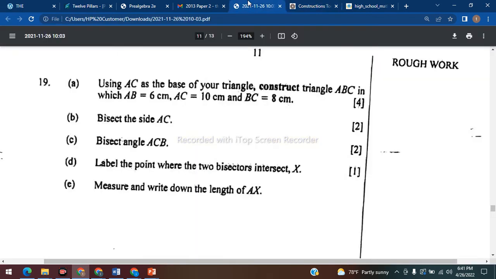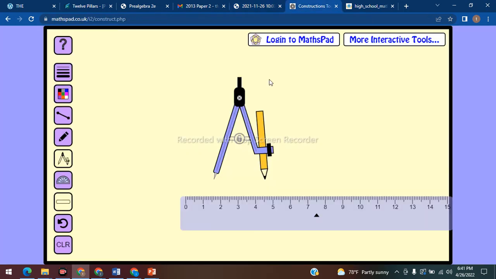It looked like we had to do some bisecting of something. Bisect what? AC? Okay, that's 10 centimeters. So the base has to be 6 centimeters long.